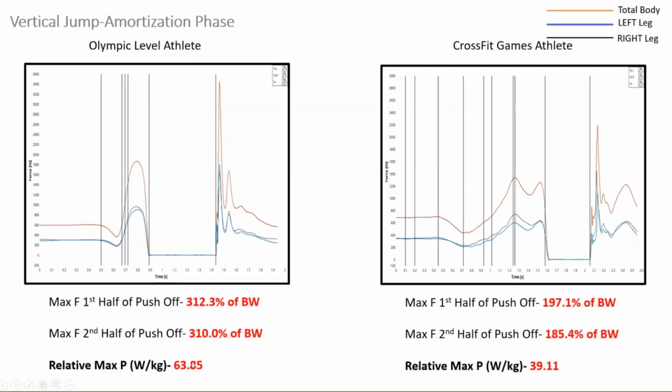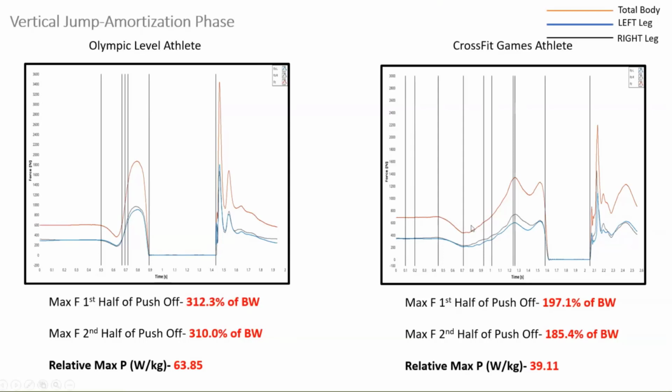Max power is 63 to 65 watts per kilogram, which I found is on the higher level. Anything above 60, 65 is high, especially with a female athlete that doesn't weigh as much and doesn't jump too much as a hurdler, versus someone that trains with CrossFit.